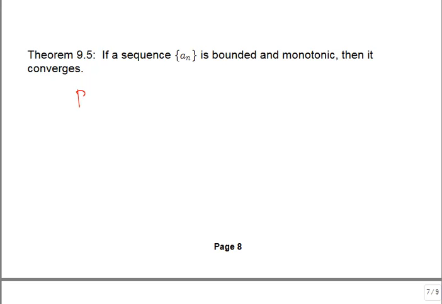So if you're bounded from above, what that implies is that all of your terms in your sequence are less than or equal to some upper bound for every a sub n. So every term has to be smaller than or equal to this upper bound.